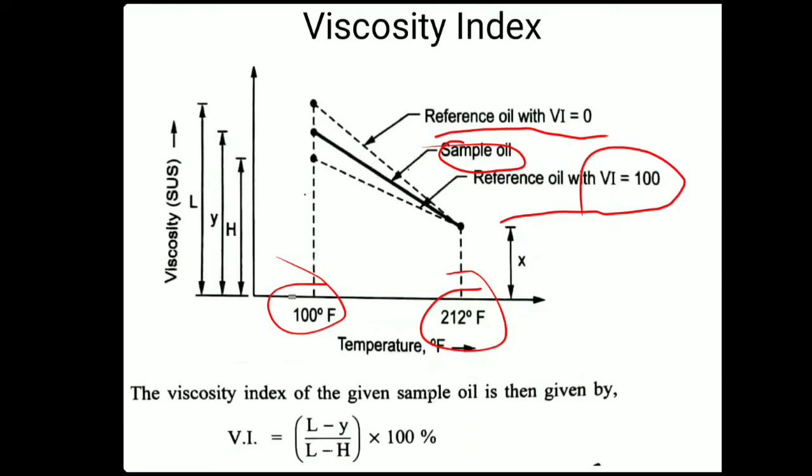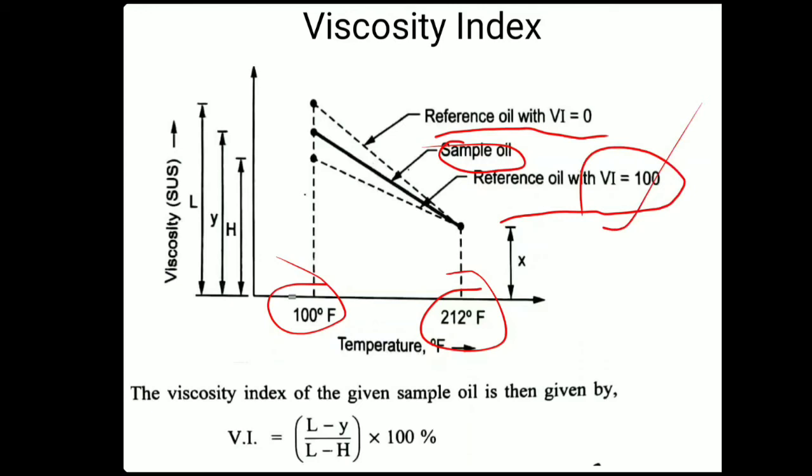Now I will tell you the role of viscosity index. Generally we can think that 0 means minimum viscosity and viscosity index 100 means maximum. But when viscosity index is 100, it represents oil that exhibits very small change in viscosity with respect to temperature.